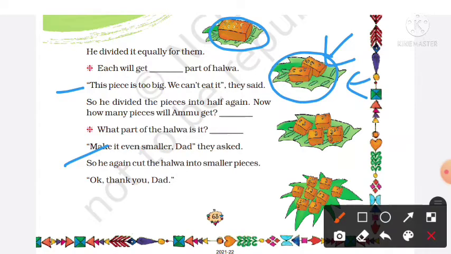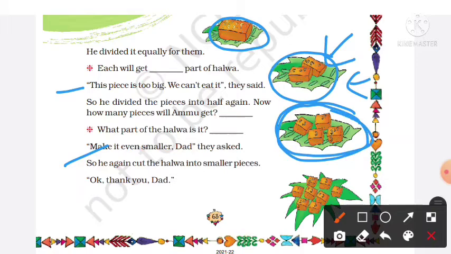So he again cut the halwa into smaller pieces. Okay, thank you dad. So now how many pieces will each get? If this is divided again, we can say that Ammu and Anu get 4 pieces each.